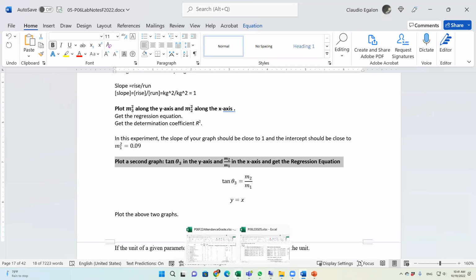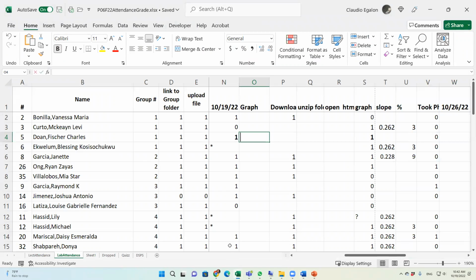Okay. One per group, right? Ryan, did you plot your graph? I'm doing it right now. Okay, good. Joshua? Yeah, I'm plotting it right now as we speak.